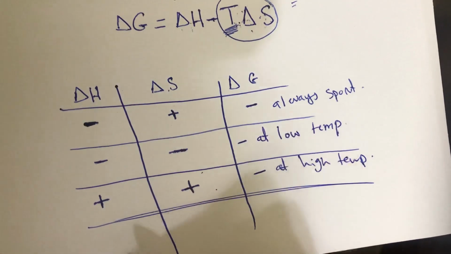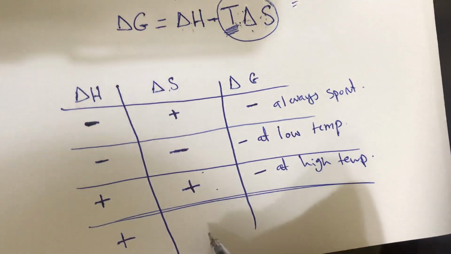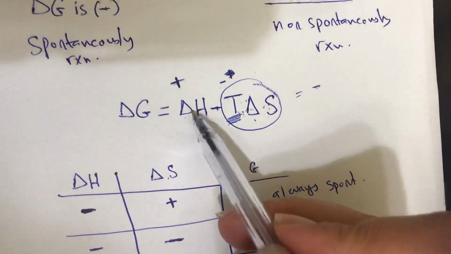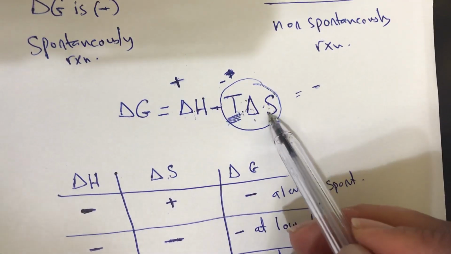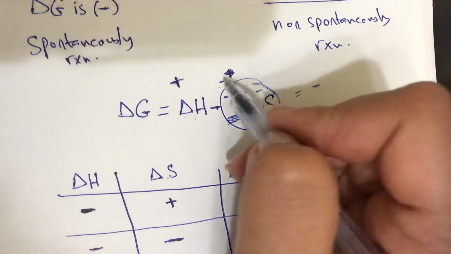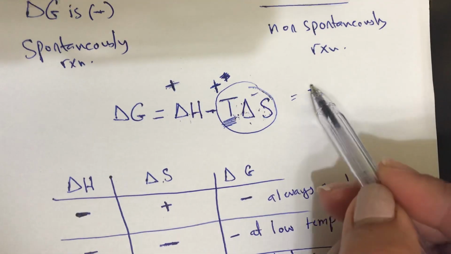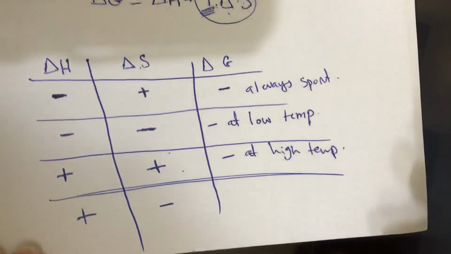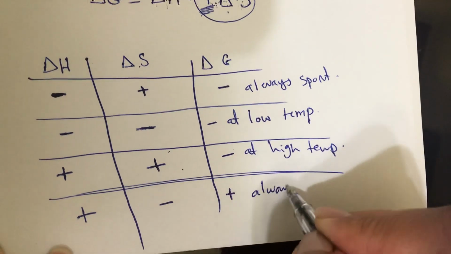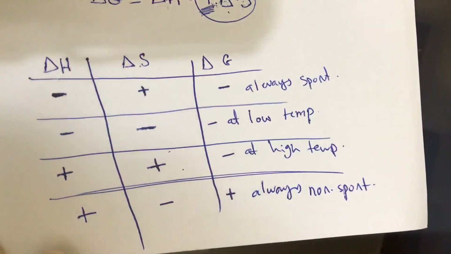Now, what about if delta H is positive and delta S is negative? Delta H is positive and delta S is negative, and here you have a negative sign, so positive. When you add a positive number to a positive number, the answer is positive. So here, positive, always non-spontaneous reactions.